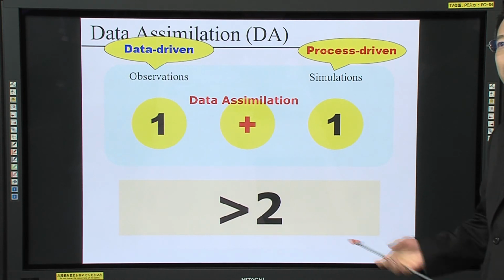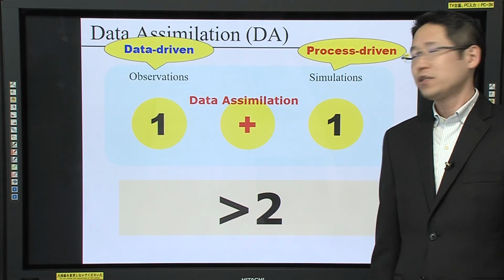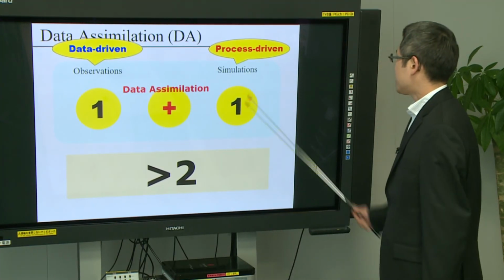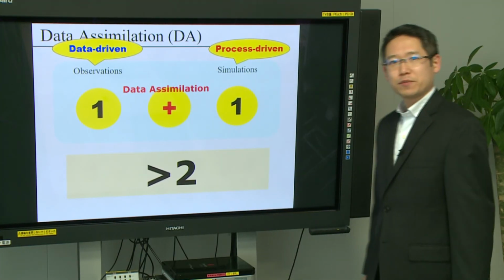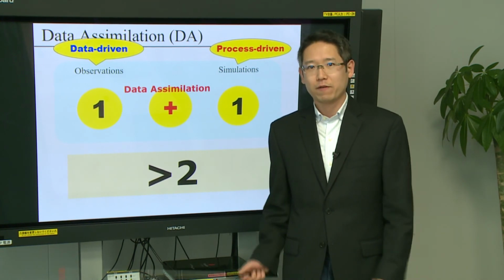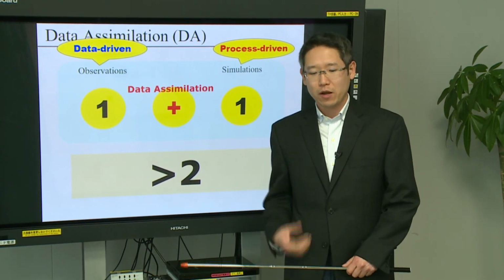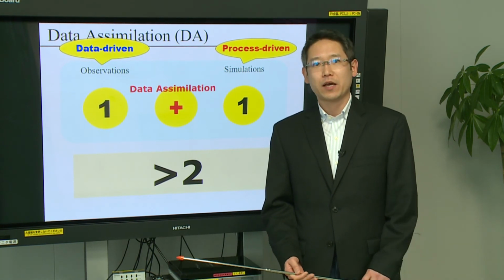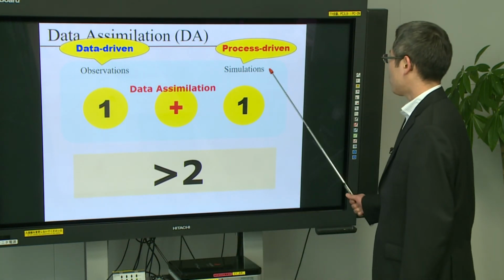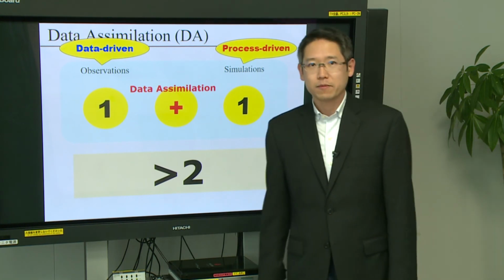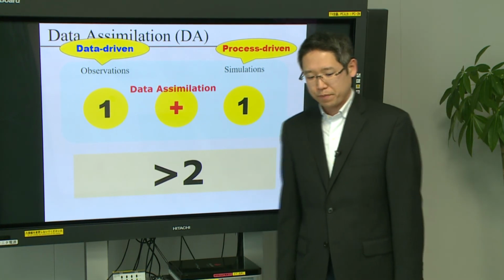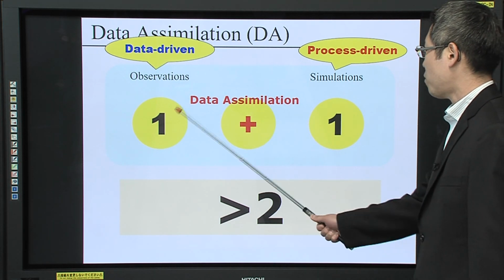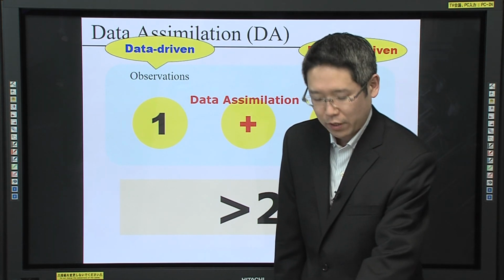The observations are the data that we get from the real world, so this is a data-driven approach. And simulations are process-driven. We have equations of motion based on our understanding of the physics and dynamics of the atmosphere, and we solve these equations to produce the simulations.